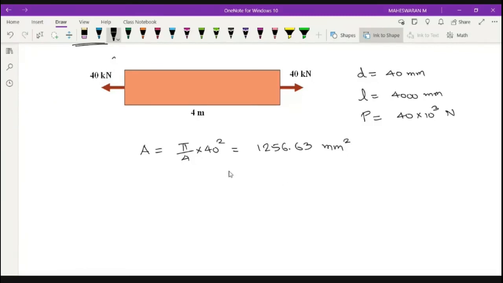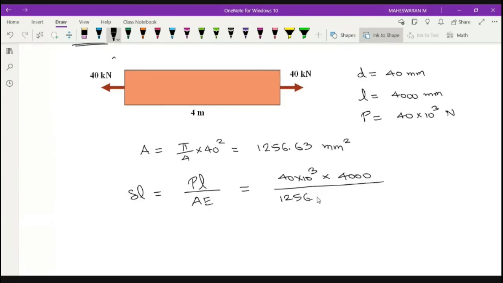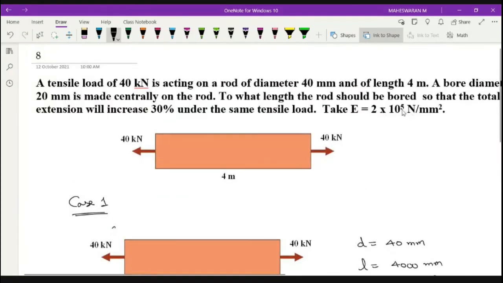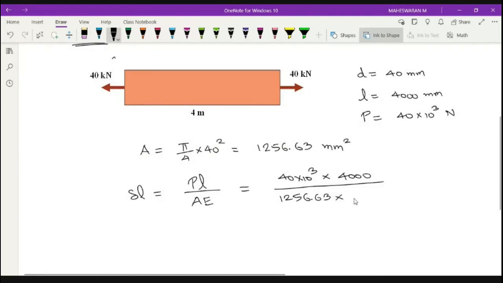Now I will identify what is our change in length for this problem. Change in length, you know the formula, it is PL by AE. Applying this, P is 40 into 10 power 3, L is 4000, area we identified 1256.63, into Young's modulus, which is also given: 2 into 10 power 5.